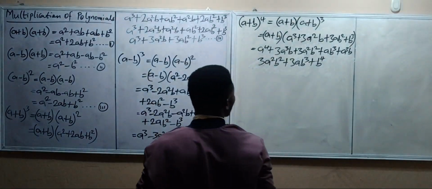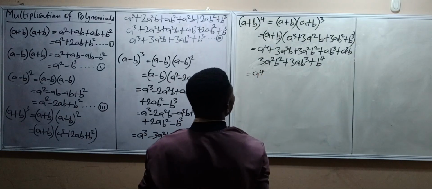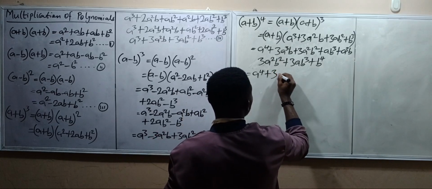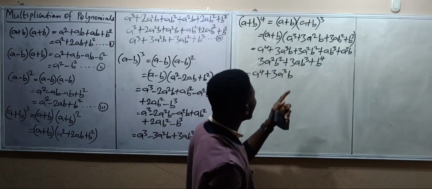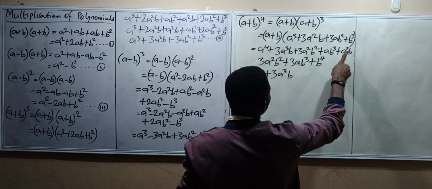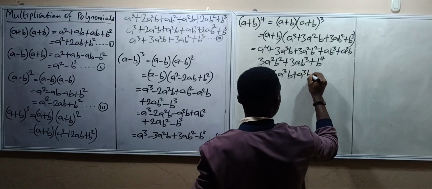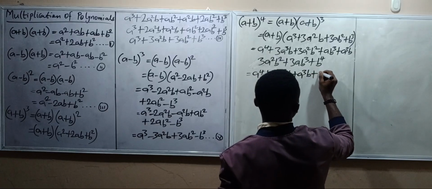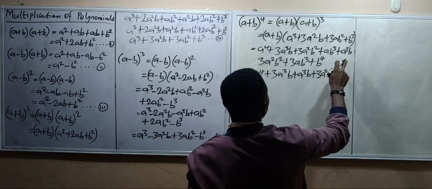Now time to collect like terms. We have a⁴ plus, let's try this one, 3a³b. Now we see if we have another a³b. This is not it. Okay, we have another a³b, so this is plus a³b. Now 3a²b² plus, let's see if we have another a²b².